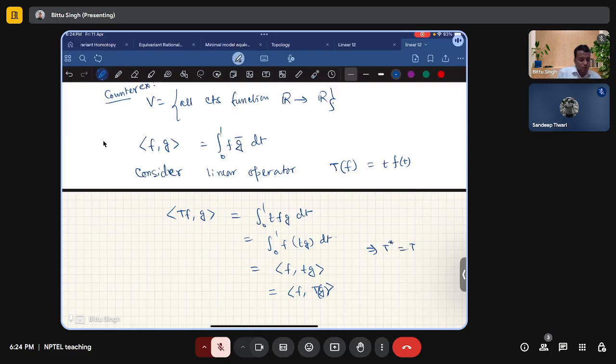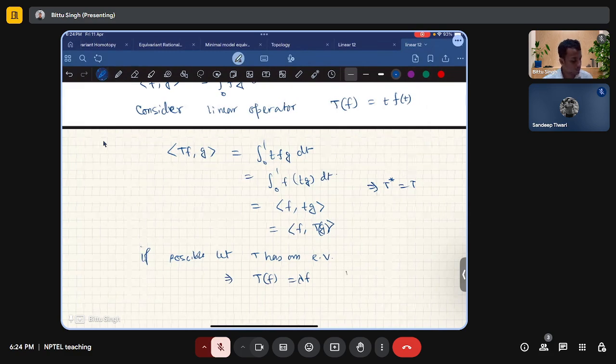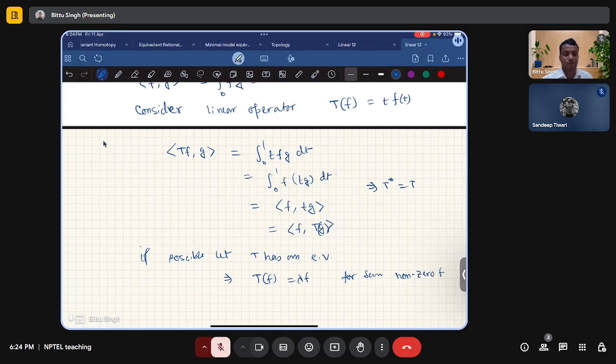So though T is self-adjoint, we can immediately see that T has no eigenvalue, because if possible let lambda be an eigenvalue. Then Tf equals lambda f for some non-zero function f.